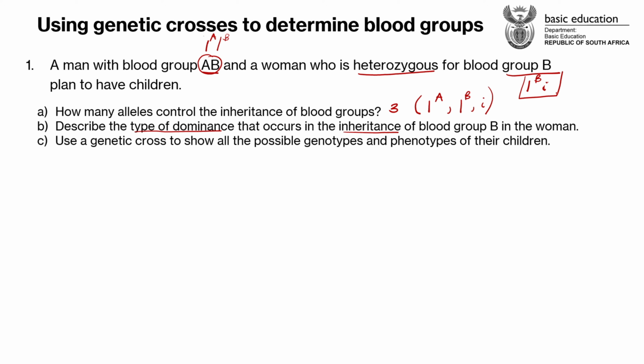So for her to end up having this, it means that she must have inherited one allele from the mother, one allele from the father. So basically, this allele must be coming maybe from the father, we don't know, and this one maybe is coming from the mother, because for you to have a genotype, you inherit that from your parents.